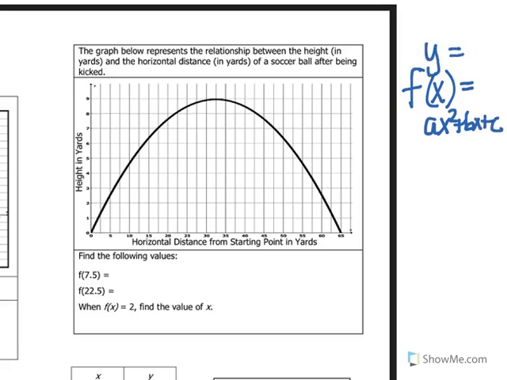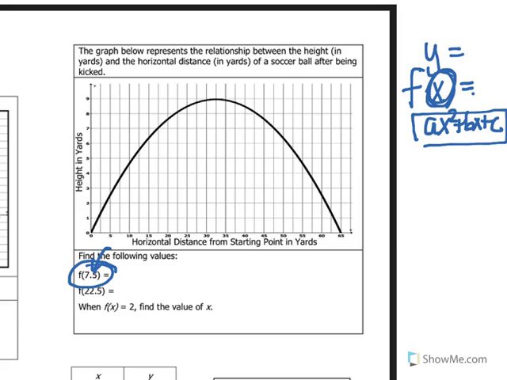F of x is another way of saying y equals. So when we get something like this, where it says f of 7.5, it's saying, what would the value of y be if we put 7.5 in for this x? If we were to put 7.5 in for x, what's the value of y?